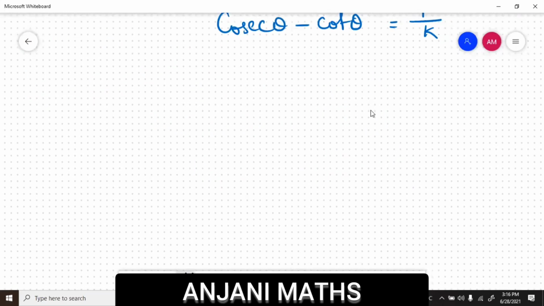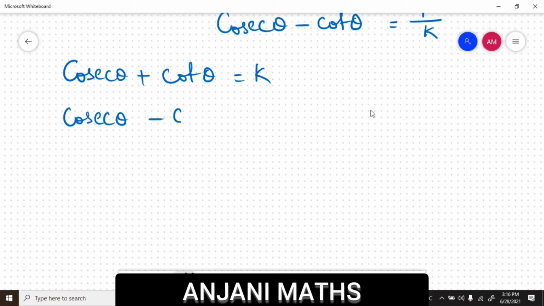So let us find that. We have cosecant theta plus cot theta is equal to K, and cosecant theta minus cot theta is equal to 1 by K. The same procedure we did in the previous problem, we follow.